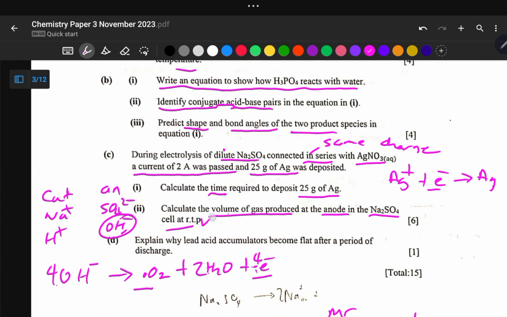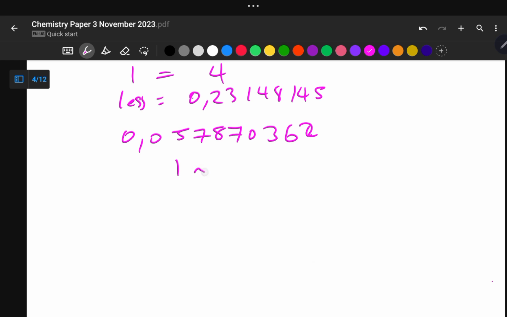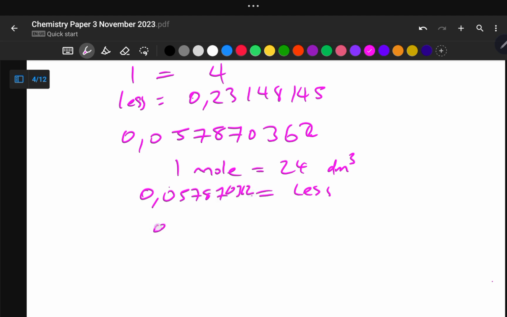So this is at RTP, and 1 mole of any gas at RTP is equal to 24 cubic decimeters. So the volume produced is 0.057870362 multiplied by 24 cubic decimeters.